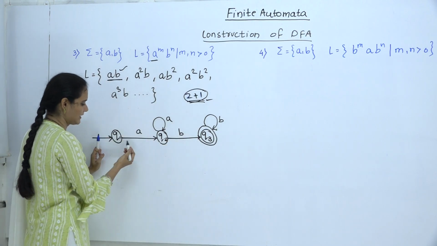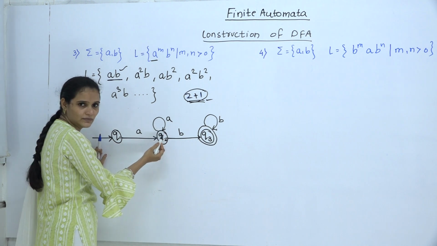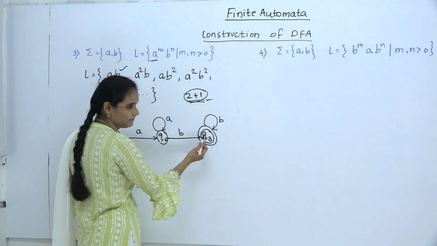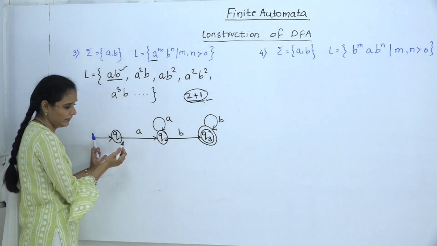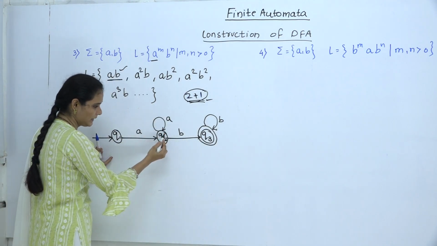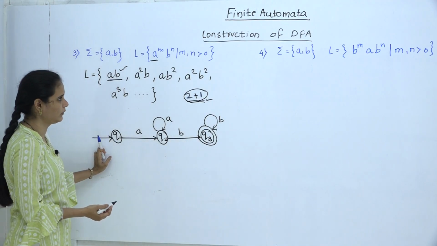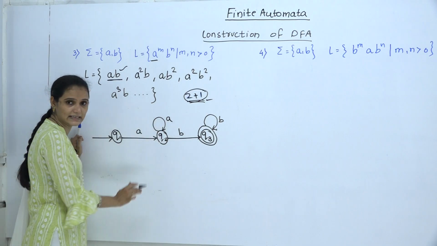Then ab square: the a loop is optional, so I don't want to execute it now, just a b and b square. Suppose a cube b, a square, a cube and b. That will be accepted over here. So all the strings are accepted.